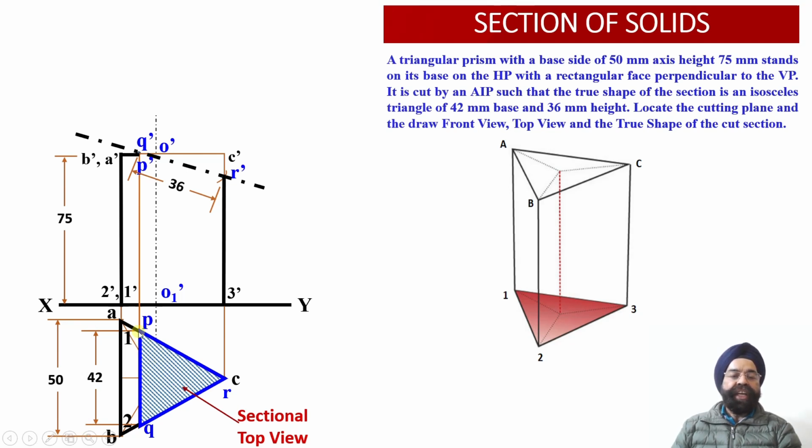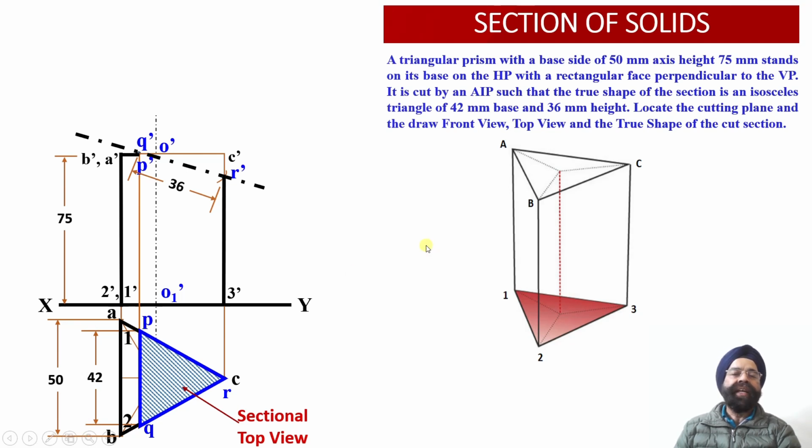Into the sectional top view, that is PQR, we have obtained the apparent shape projections of this cut section. So in the front view, we have got the edge view projections corresponding to this AIP. In the top view, we have got an apparent shape projection corresponding to the sectioned surface.